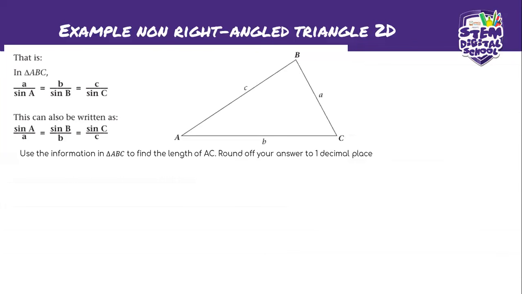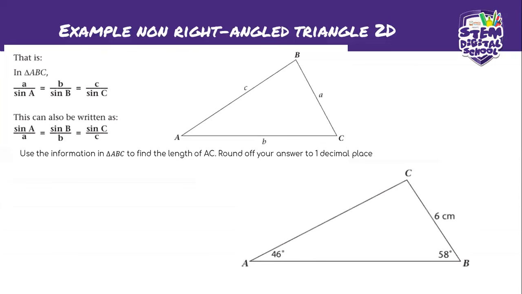Now in this case, it says use the information in triangle ABC to find the length of AC, then round off your answer to 1 decimal place. Then we have the example. This is the triangle that we are having. Before we can calculate that length AC, we first have to check what we have.